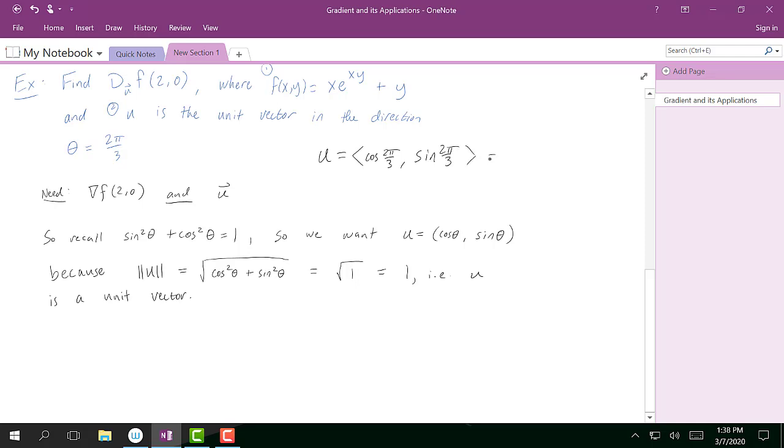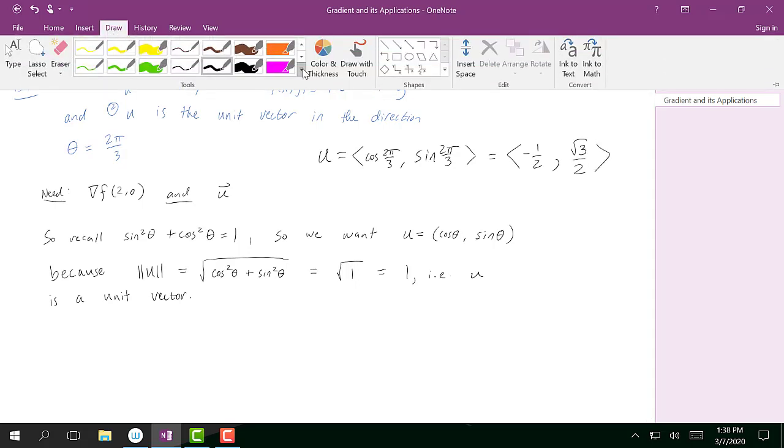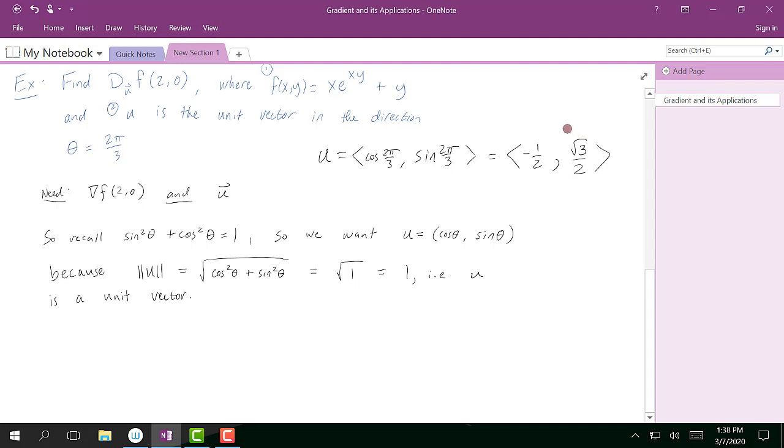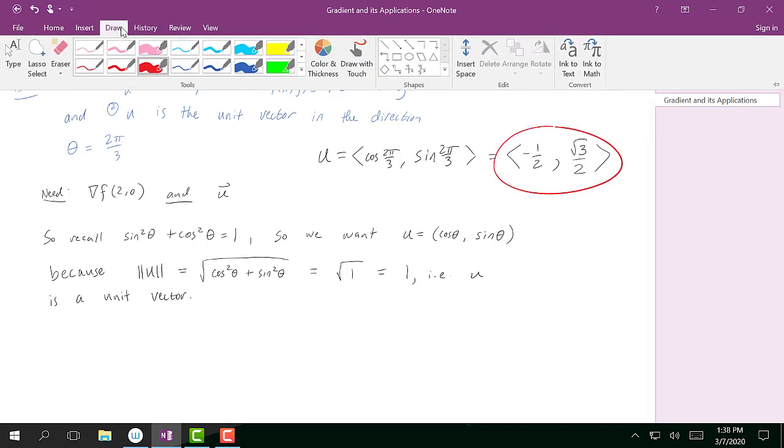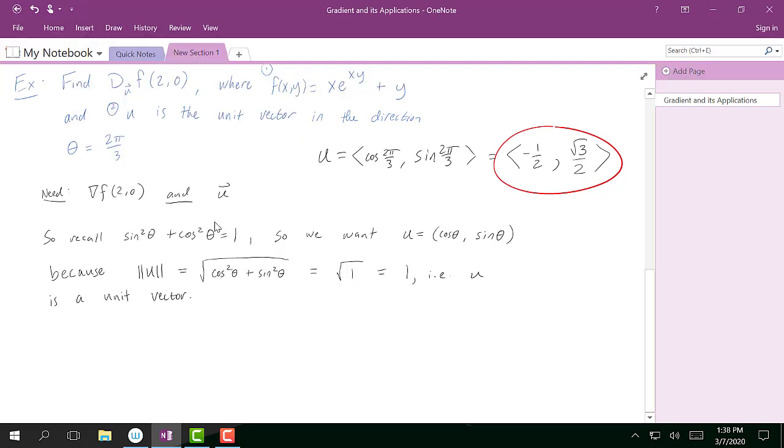So cosine of 2π/3 is going to be negative 1/2, and sine of 2π/3 is going to be positive square root of 3 over 2. Okay, that's going to be good for this first part. And then what we'll do after that is simply find the gradient of f at the point (2, 0), and then stick it in here, then we'll put it together, and then we'll be done.